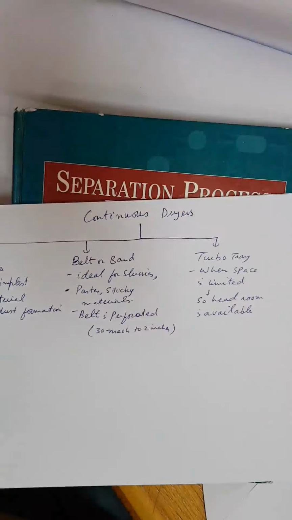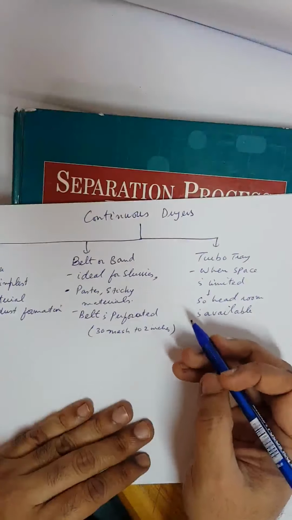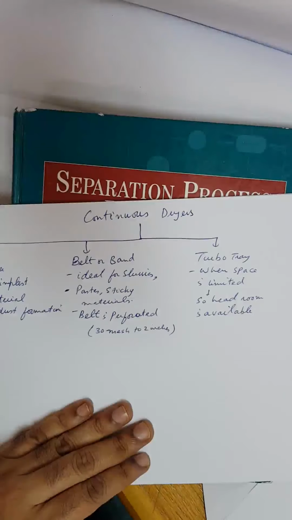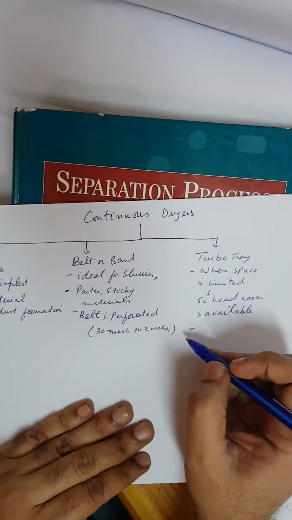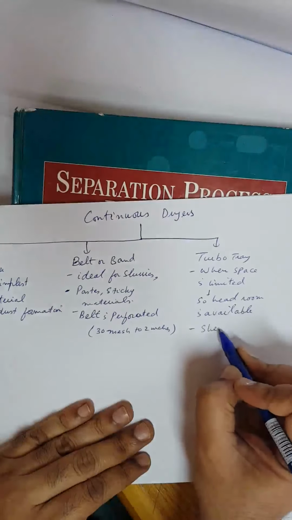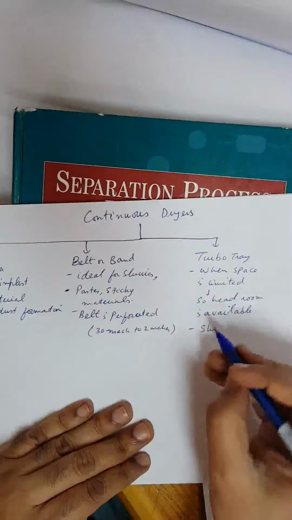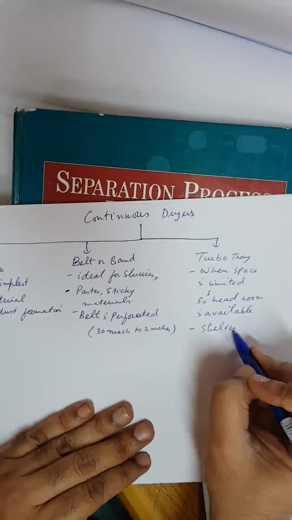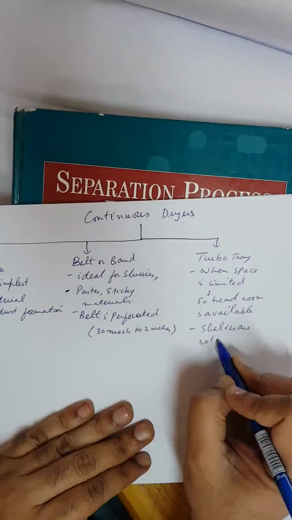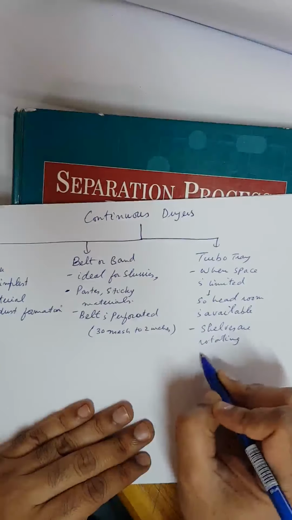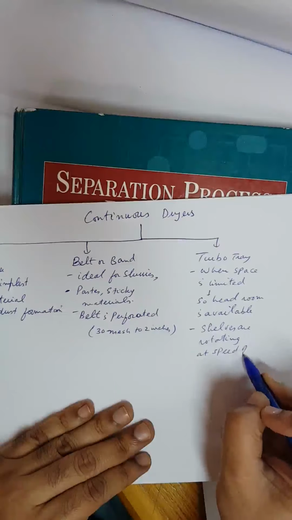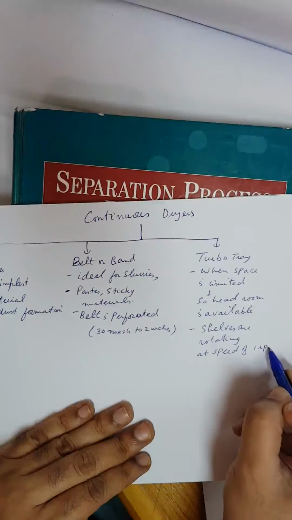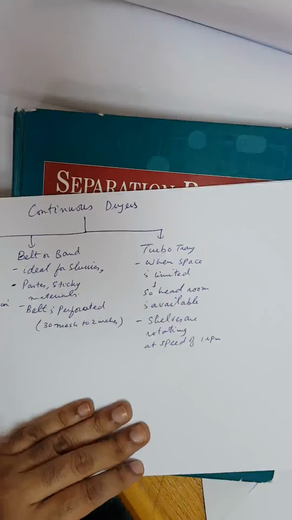From its name you can see it's a turbo, so it's rotating. The shelves, because they are stacked like a building, have different shelves, and the shelves are rotating at a speed of 1 rpm. Okay.